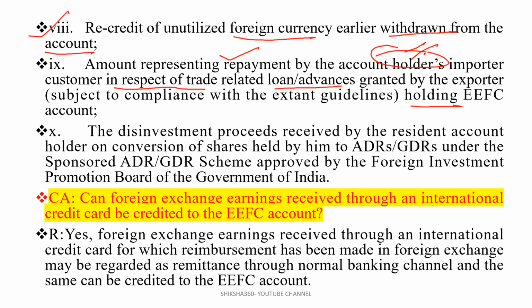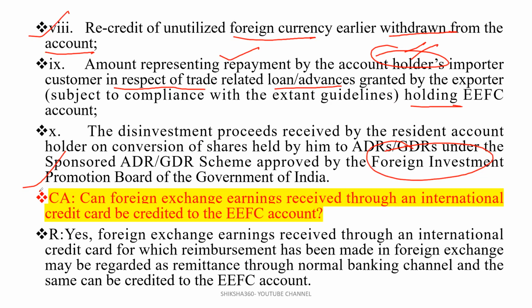On the other side, like we have purchased ground or other things, like the disinvestment proceeds by the resident account holder on conversion of shares, with respect to the shares also, or depository receipts held by him to the American depository receipts or the global depository receipts under sponsored ADR GDR scheme approved by the Foreign Investment Promotion Board of the Government of India. Clear? Approved by the Foreign Investment Promotion Board of the Government of India.